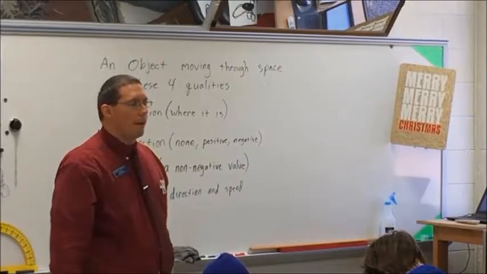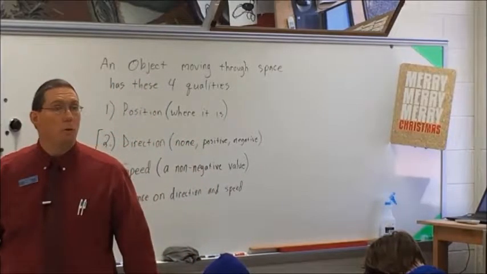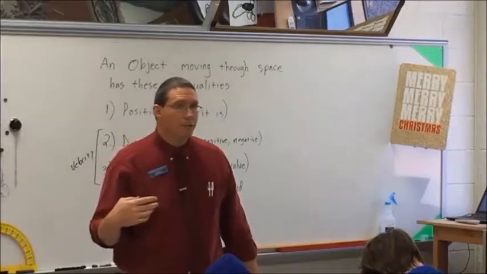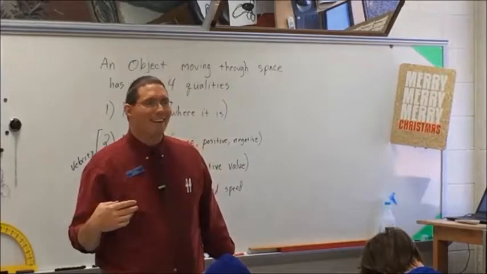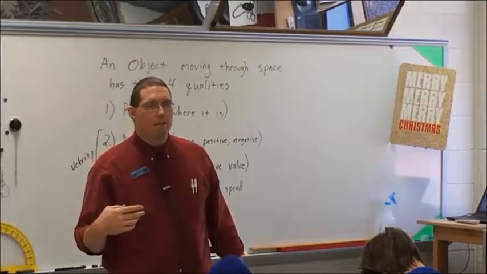What's going to happen to me? I'm going to slow down. And eventually I'm going to stop, and then possibly I'm going to change direction. You see? Yeah, we're getting there. Is this making sense so far?